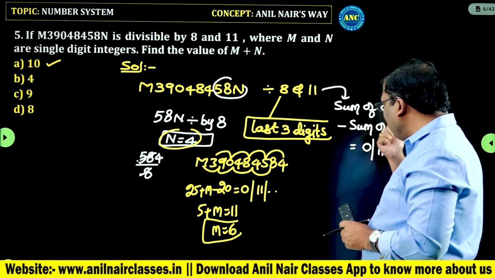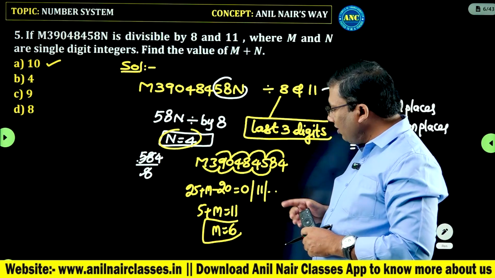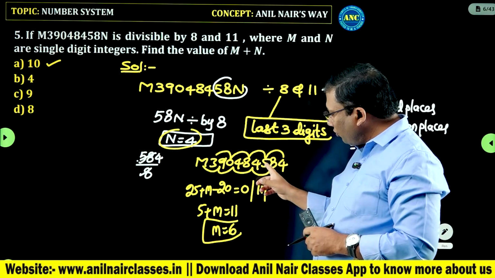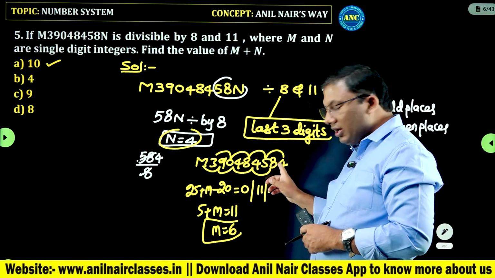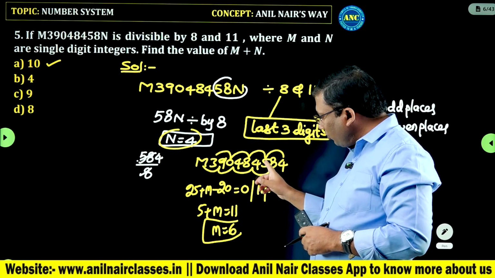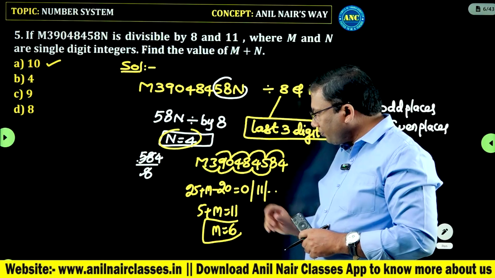Sum of odd places minus sum of even places should be 0 or divisible by 11. Odd places: 5 plus 4, 9, 9 plus 8, 17, 17 plus 3, 20.